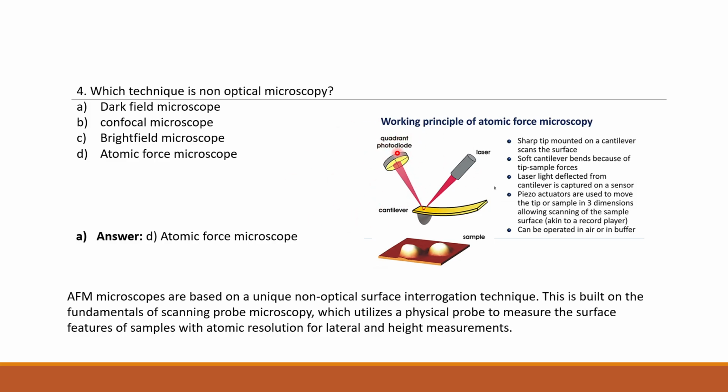So this is your quadrant diode, or it's like a photo multiplier or something, where it will collect the signal from your sample. Okay, and this is your laser. So this is your source of light or energy, whatever it is, because here you don't use visible light to capture an image.